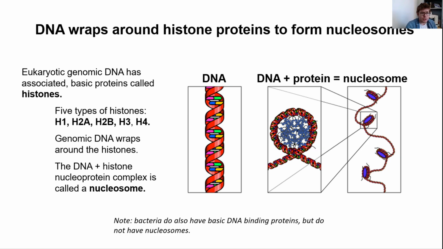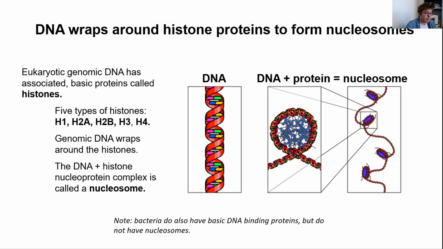And in order to do this, eukaryotic cells employ a rather elegant strategy of wrapping the DNA around what are called histone proteins to form structures called nucleosomes. And there are 5 types of histone proteins that are involved in the formation of a nucleosome: H1, H2A, H2B, H3, and H4. You don't need to know the names of them, just to know that there's multiple versions of them.